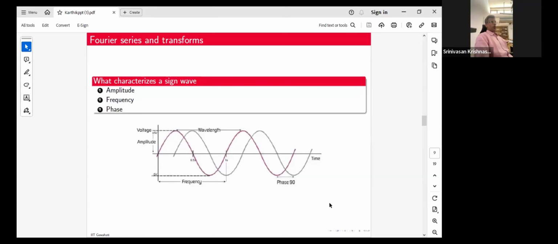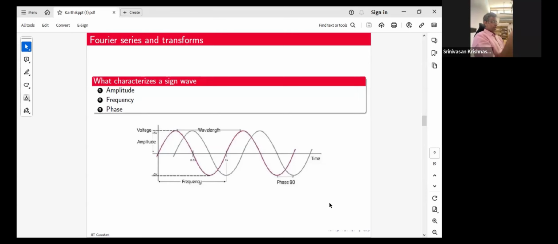A very important property that one should know is that any linear system, even if it's not time invariant, if you give a sine wave to it, the output would be another sine wave which has exactly the same frequency as the input sine wave.